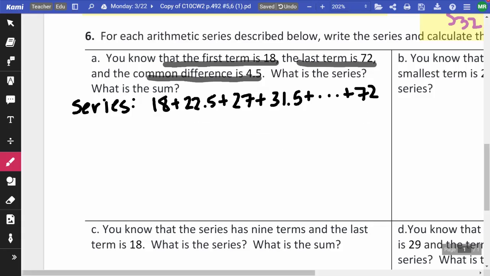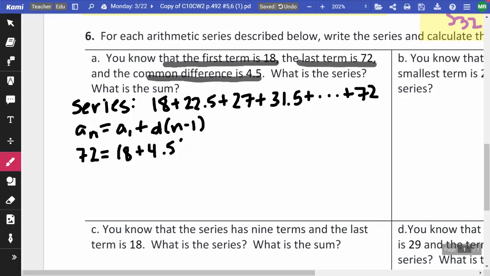So I know that my nth term is equal to my first term plus my common difference times n minus 1. If my last term is 72, and my first term is 18, and I'm adding 4.5, n minus 1 times, this is what I'm going to solve.